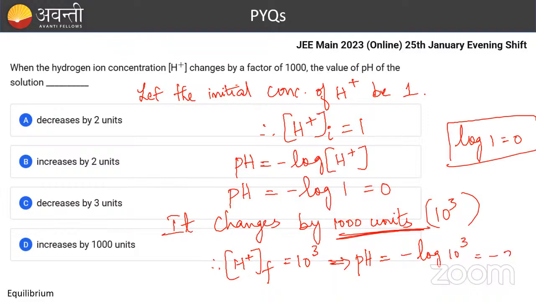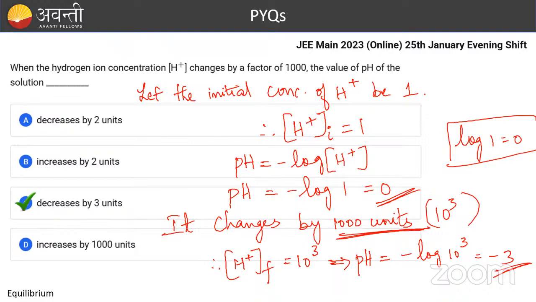Initially I have the pH value as 0 and now after changing by 10 power 3 units, it is getting decreased by 3 units. 0 is getting converted to minus 3. So the answer is it decreases by 3 units. Option C is the correct answer.